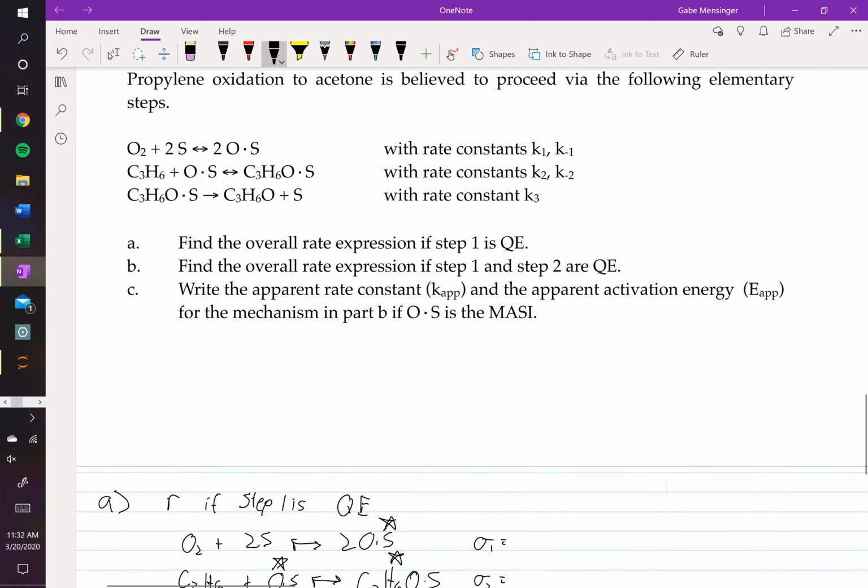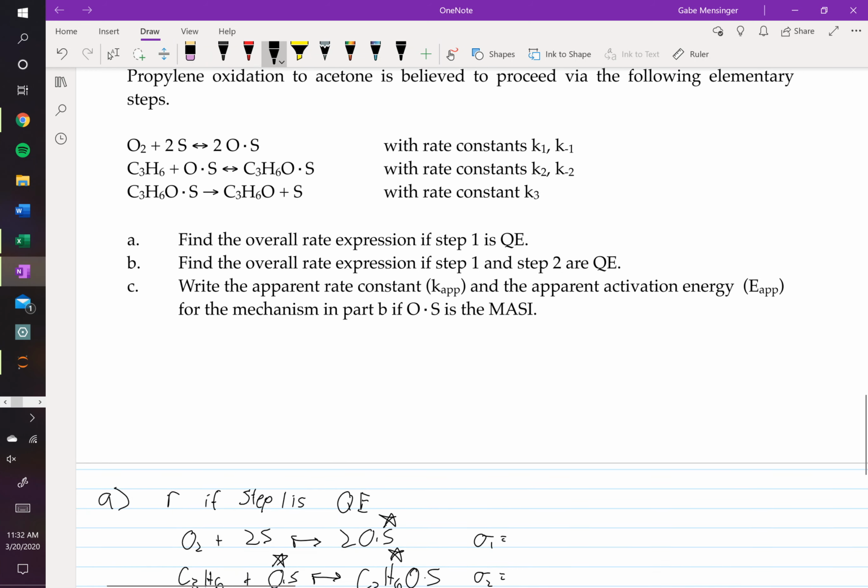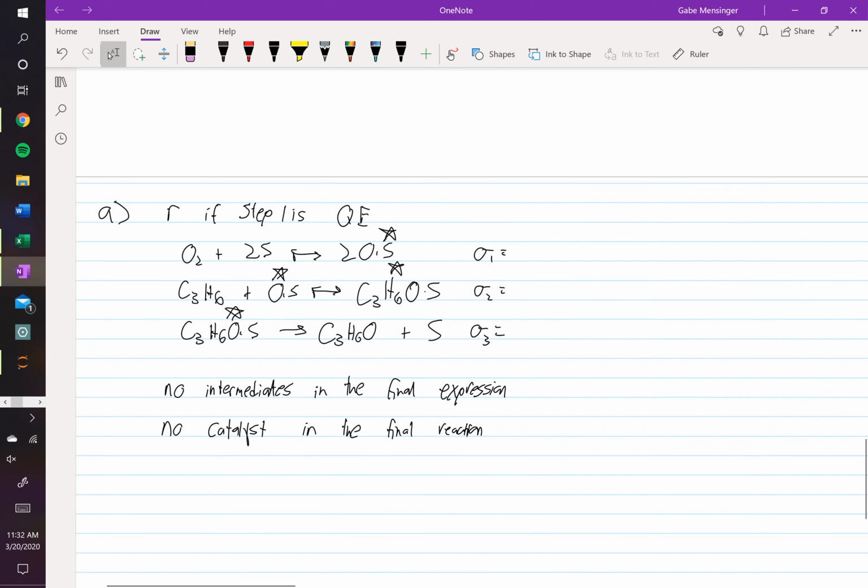So it helps to know that the oxidation of propylene, C3H6 plus O2 to acetone, C3H6O, is essentially what the reaction is, and then balancing it, we get that.